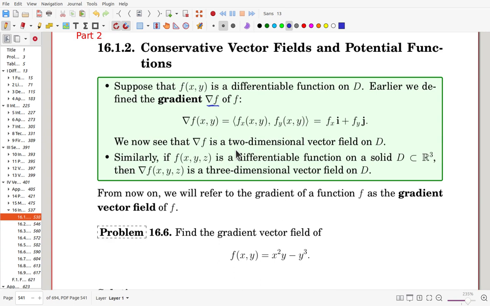Similarly, once f is a differentiable function of three variables, then the gradient of f is a three-dimensional vector field on a three-dimensional region, right? So from now on, we call the gradient of function f the gradient vector field of f.